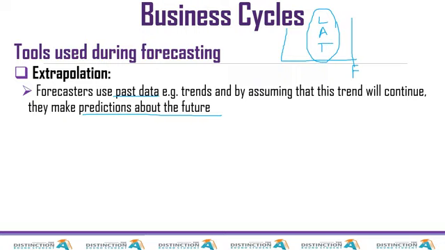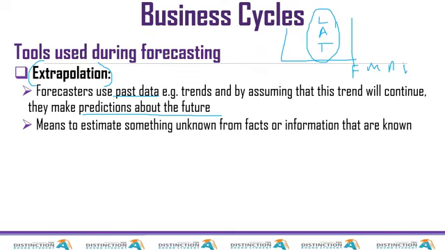We use moving average. We use a lot of things. We use what we know, and we try to predict March, April, May, June, July, next year, next 2 years, like that. So that technique of using what we know to predict the future, that whole technique is called extrapolation.